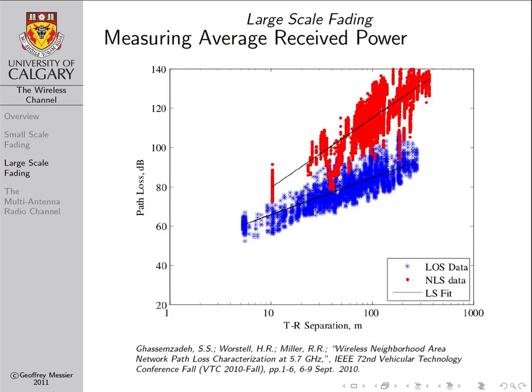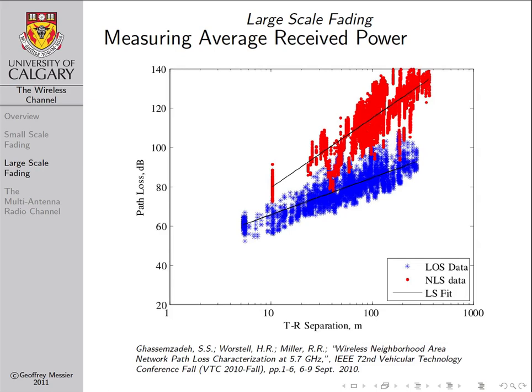Now, a classic example of the type of measurement result or measurement plot that we use to develop both a path loss and a shadowing model is shown in this slide. So in this slide, what we have is a series of points, or a scatter plot, where each point in the scatter plot represents a different radio channel measurement.